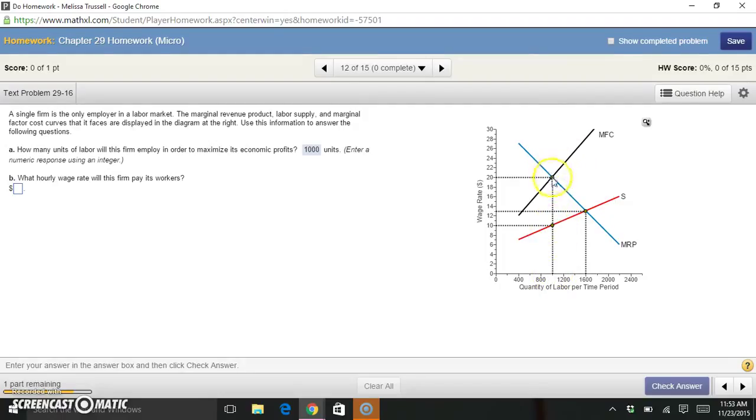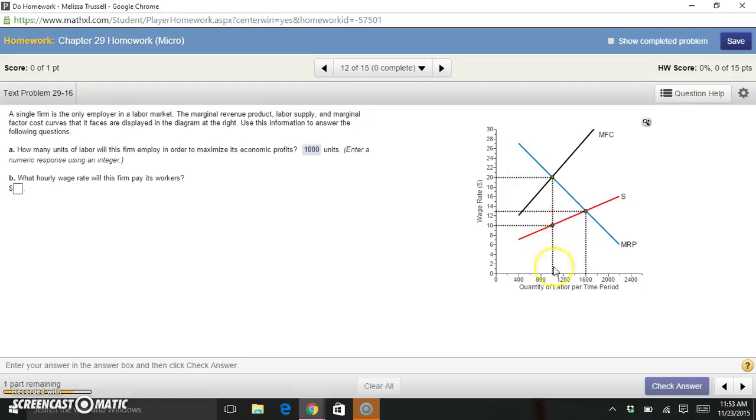So we know we want to offer 1,000 jobs. The question is, how much do we need to pay workers so that we can get 1,000 people to work? And the answer is found by looking at the labor supply curve.